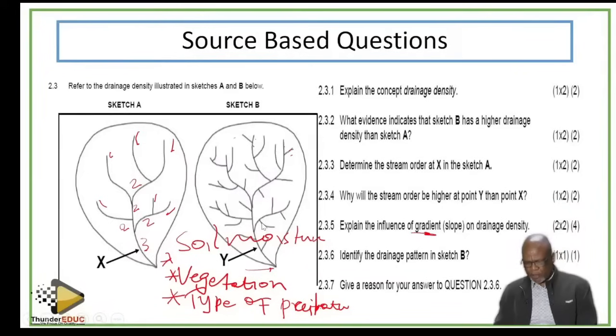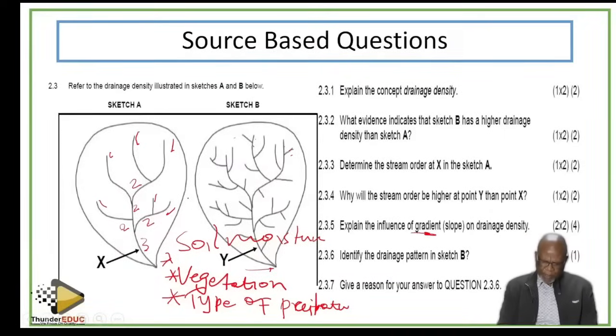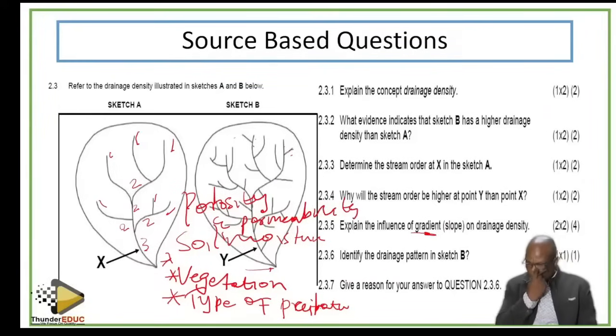And another factor that we can look at that will change this density will be porosity and permeability. So what's happening here? Porosity. What is porosity?